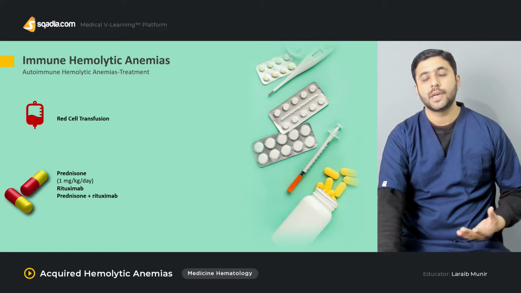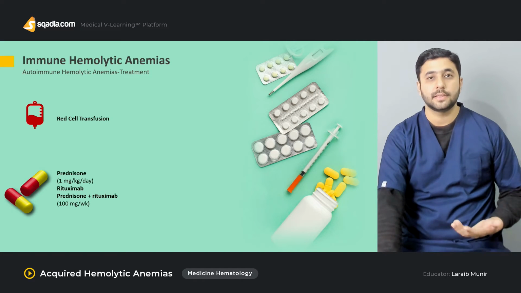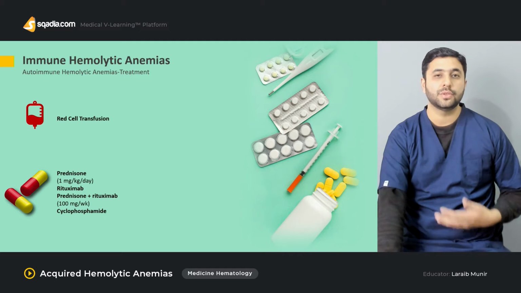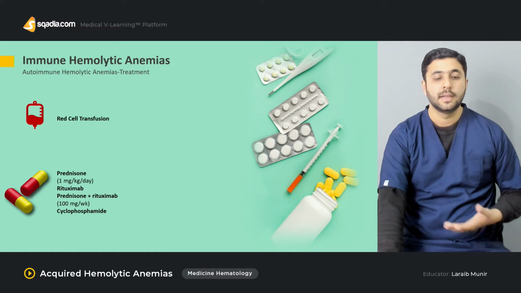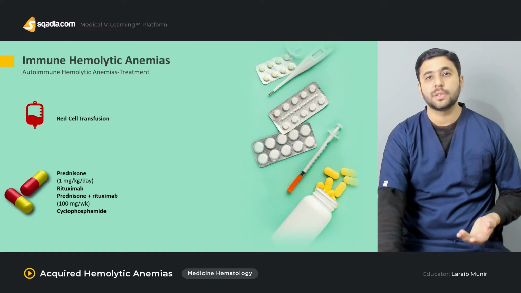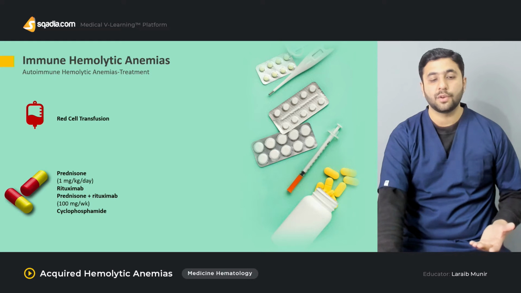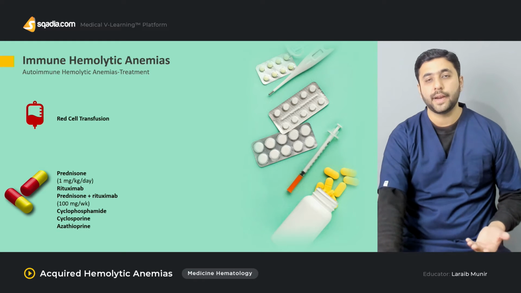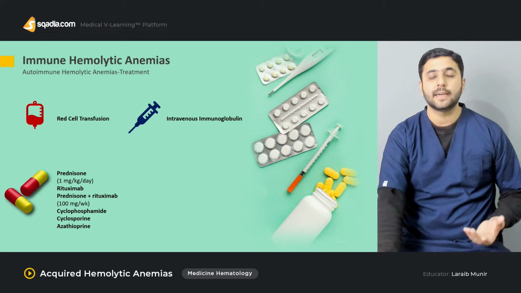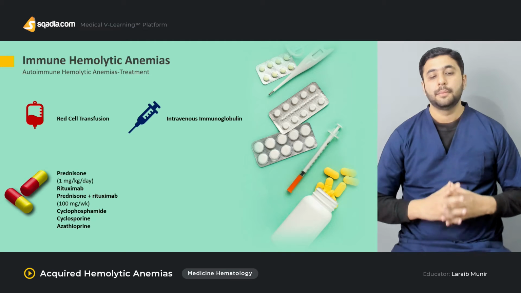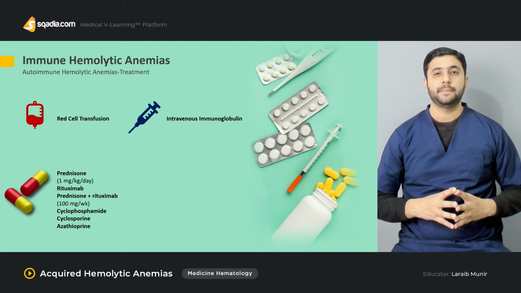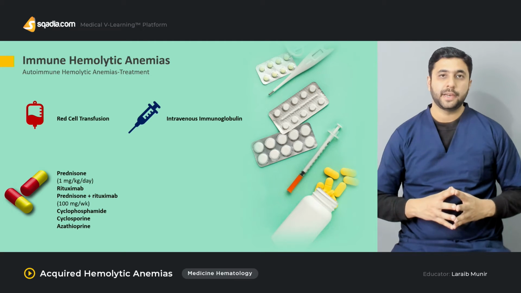So this has generally replaced the need for using a large number of drugs, like the drugs which were historically used for immune hemolytic anemias: cyclophosphamide, cyclosporin, azathioprine. These had their own side effects, but they have now generally been replaced by the prednisone and rituximab combination.